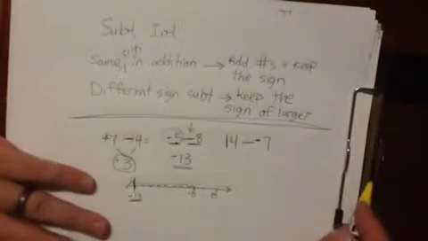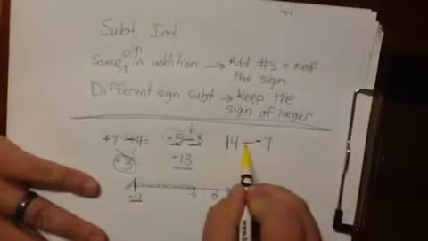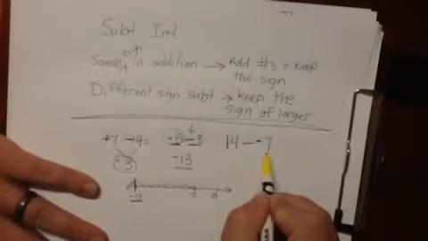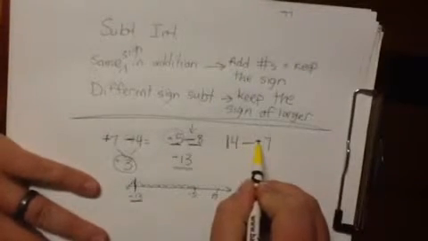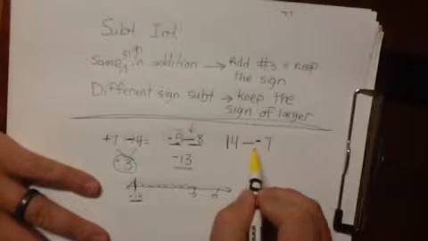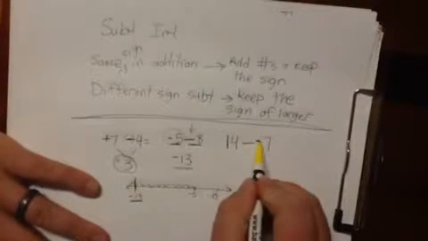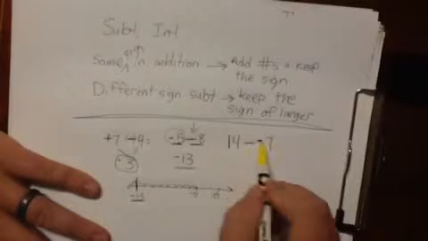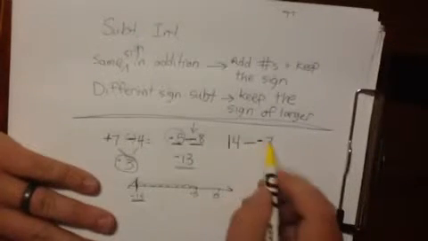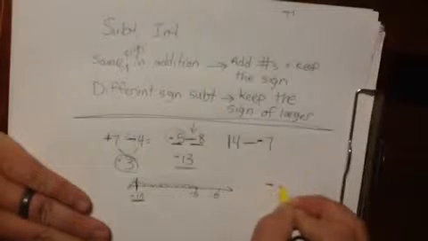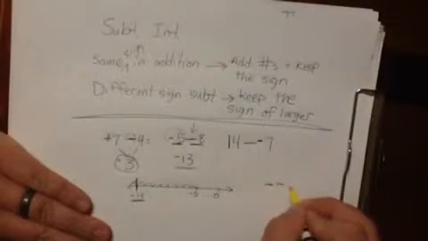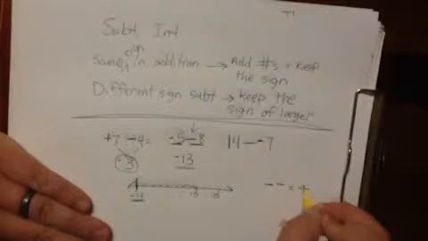So this is a subtraction problem, and we have a negative number right here. Minus a negative. The catch here is you can't do minus a negative. Minus a negative is the same thing as addition. So always remember that minus a negative is the same thing as addition.